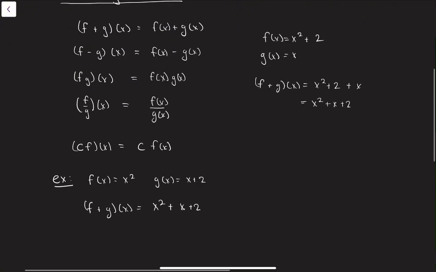The example will be similar to the one we just computed. Let's say f of x is equal to x squared and g of x is equal to x plus 2. Then f plus g of x is equal to x squared plus x plus 2, exactly the same as what we did previously.